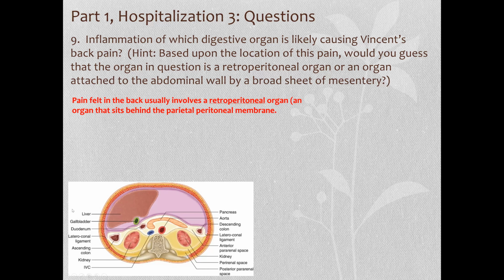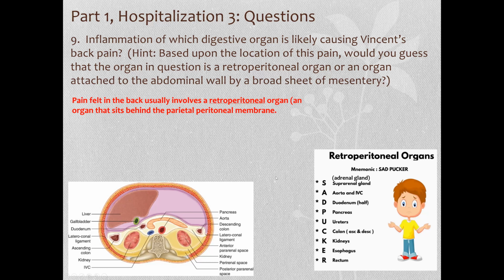If you look at this picture, the peritoneal cavity is shown in this purple area, and it would be lined with the parietal peritoneum. So anything that sits behind that membrane would be considered to be retroperitoneal.